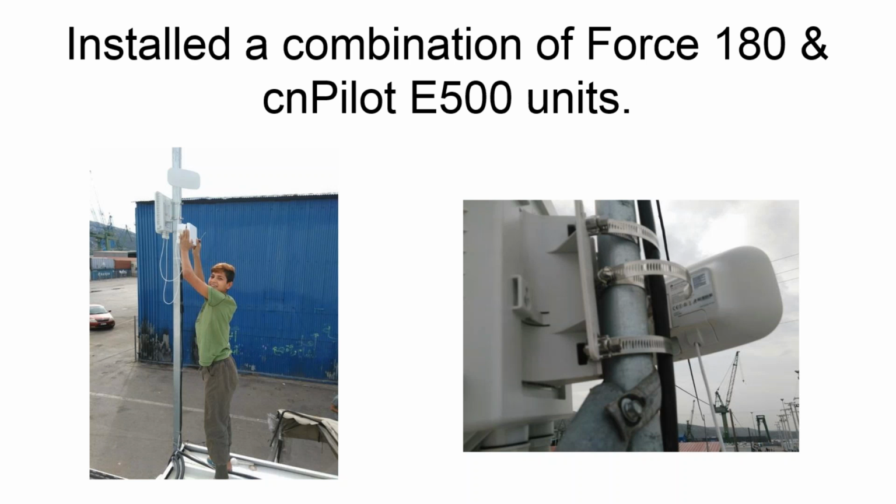So we use the Force 180s for the links from each node to the central point where the internet backhaul came on site, and then locally we distributed the signal using the E500s. It worked perfectly with powering the units. The E500 has an auxiliary port, so we can power the Force 180 from the E500, all using power over Ethernet, so that made it a lot easier.